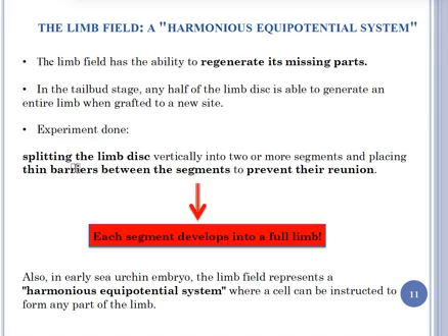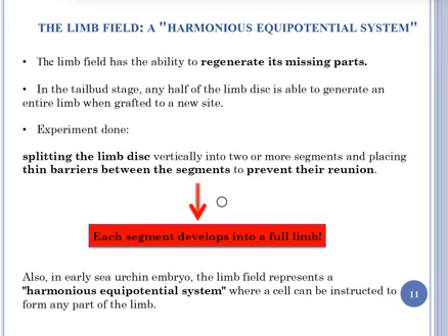So in this experiment, they took a limb disc and split it in a vertical way, just to cut it into different pieces, and they put barriers between these different pieces to prevent the reassembly of the segments. Here they cut it vertically into 2 or 3 segments, for example.